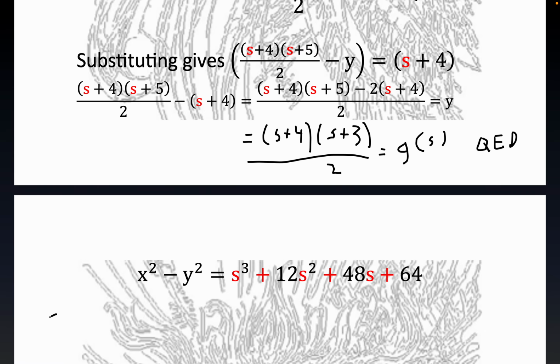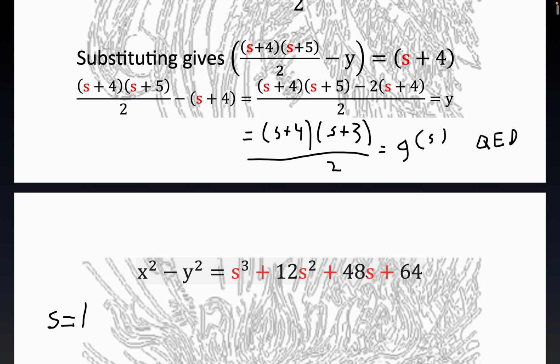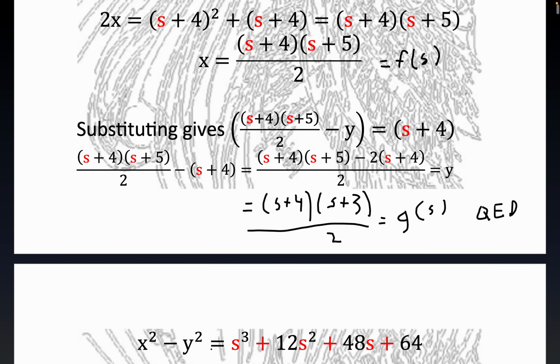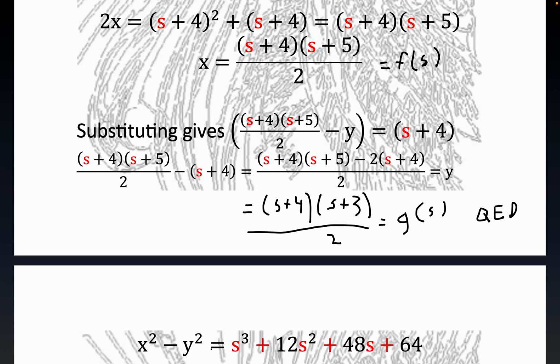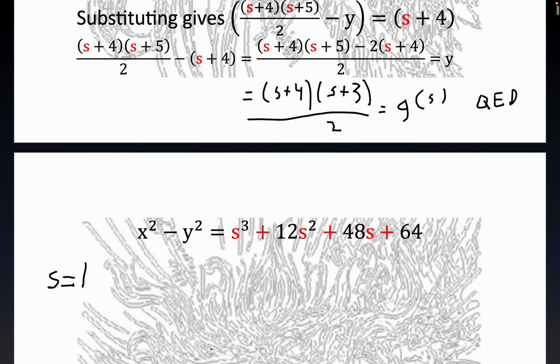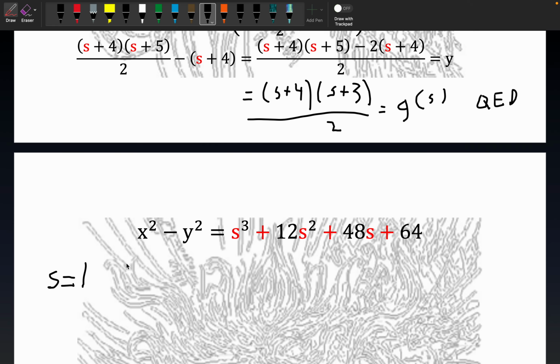Let's do s equals 1. So s equals 1 will go in on the right-hand side. For s equals 1, our formula for x would give us 5 times 6 over 2, isn't that 15? So we'll get 15 squared right here.